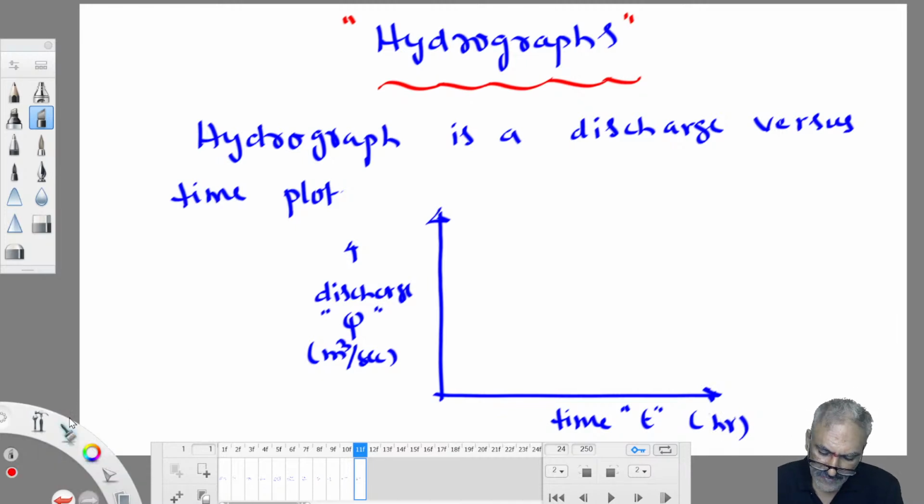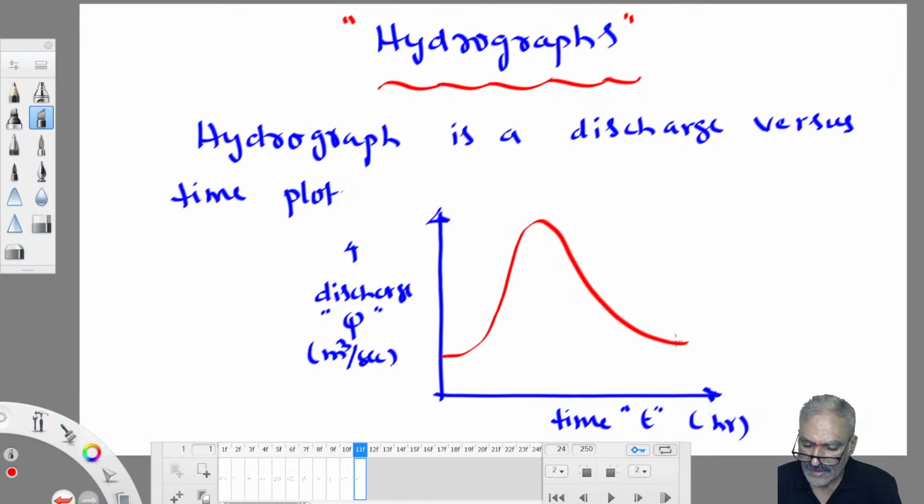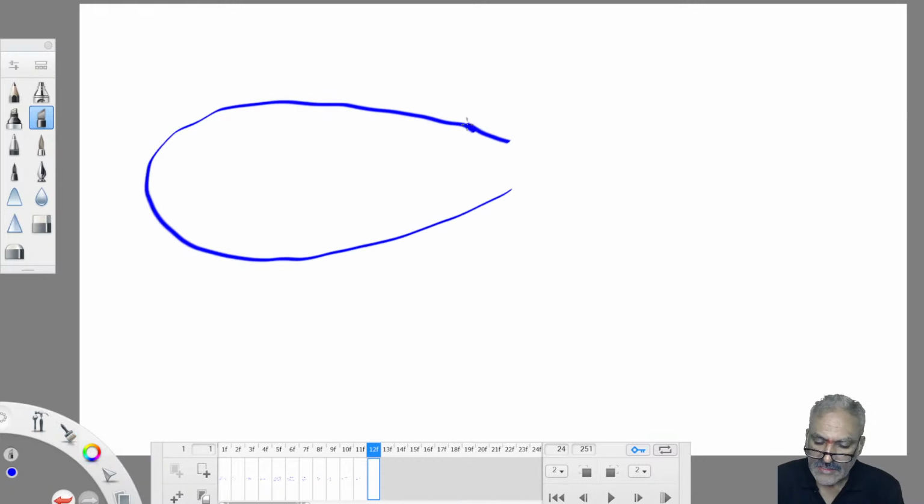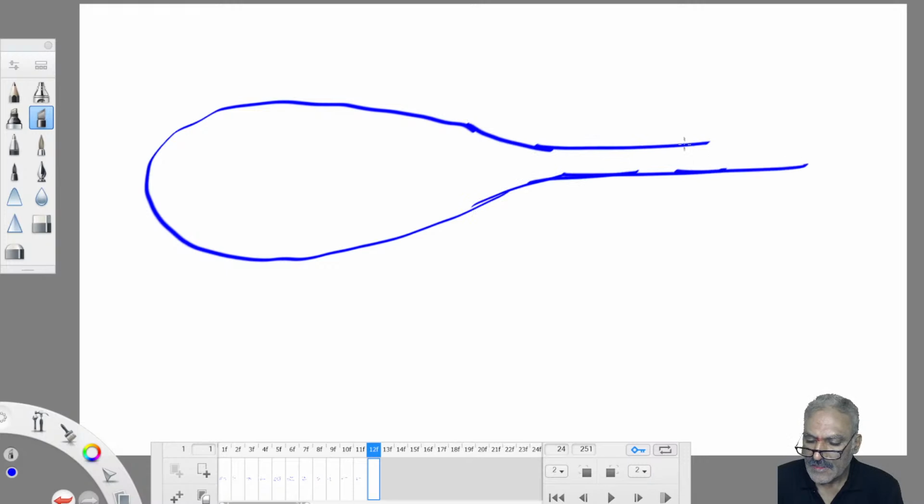So if you see the hydrograph, its shape is something like this. In this, everything is related to a storm. I am saying that it is a discharge versus time plot. What is discharge? Stream discharge. Whenever rain occurs in a catchment, catchments are very big. This catchment finally converges into a stream or a river.